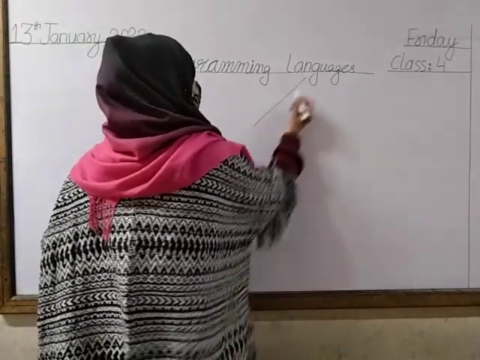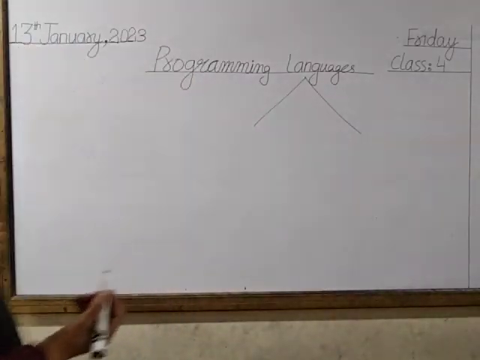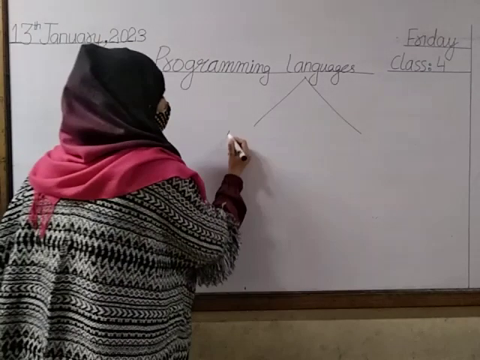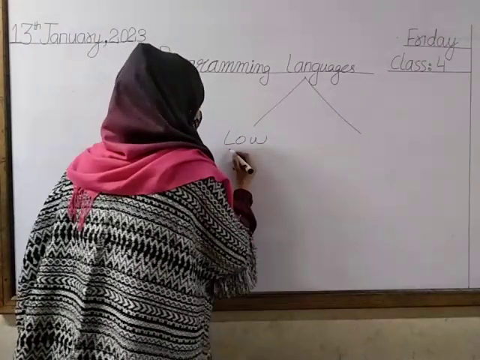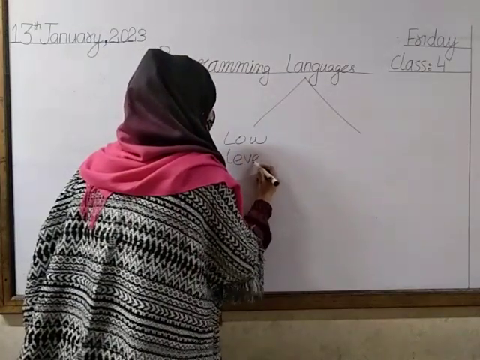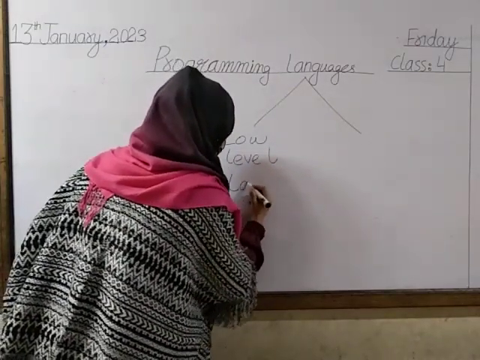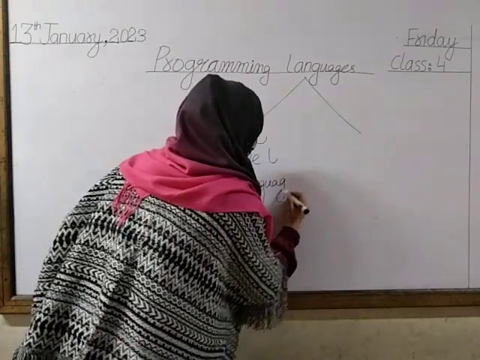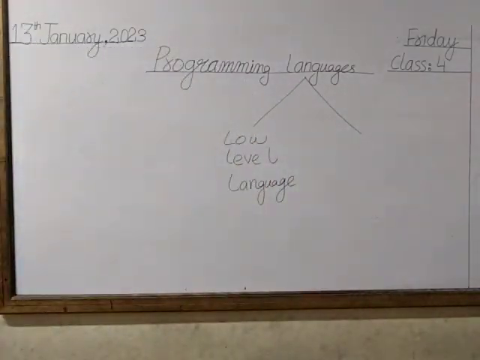So, what is the first type of language, Arsalan? The first type of language is low level language. What is the second type of language? Mira.